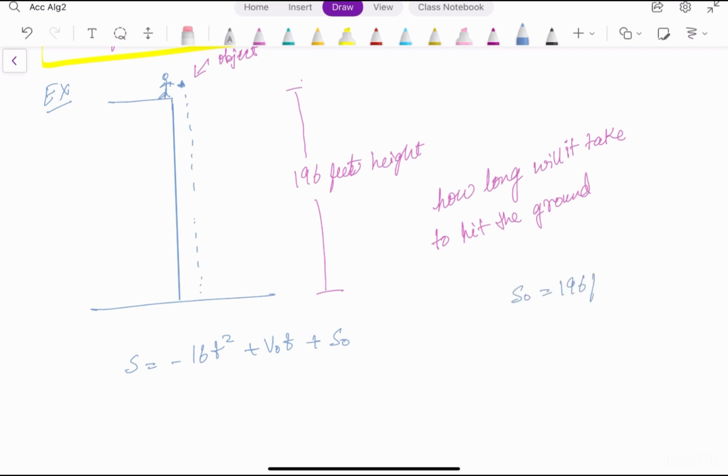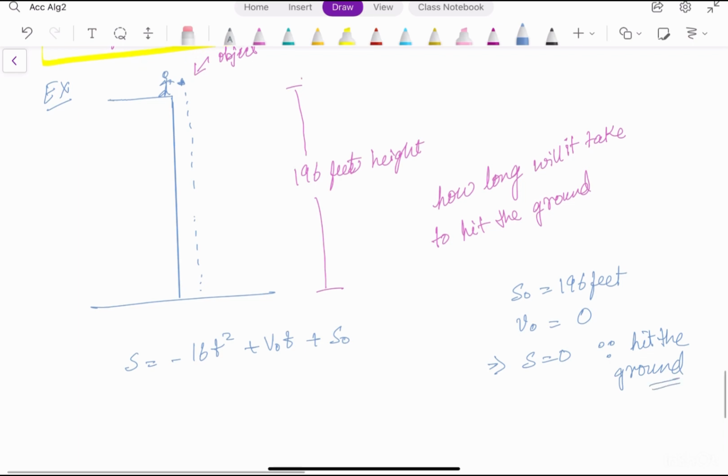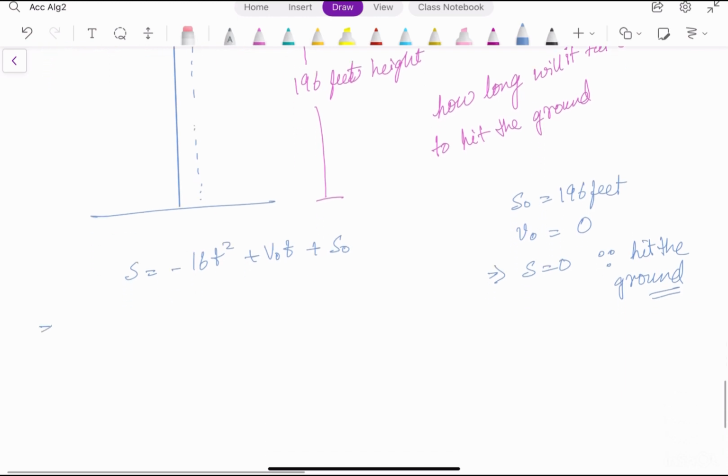The initial height S0 is 196, because that person is standing at the height of 196. But the initial velocity is 0, because he is just dropping the object. And S is 0 because we are looking for when it will hit the ground; at ground level there is no height. So we have all these parameters ready.